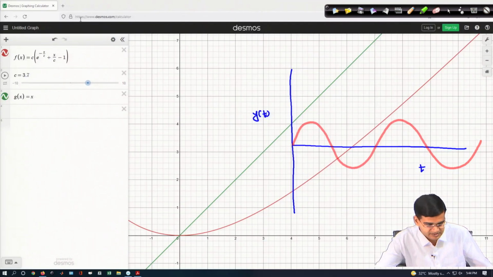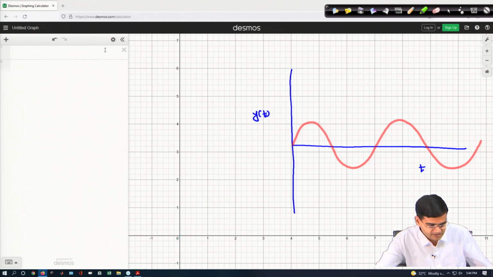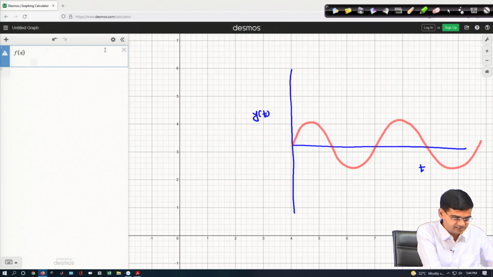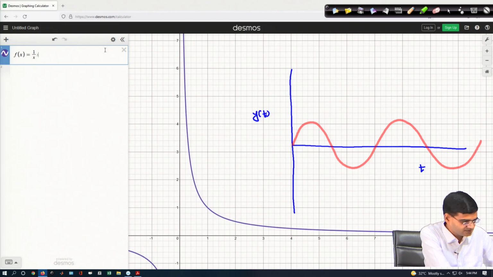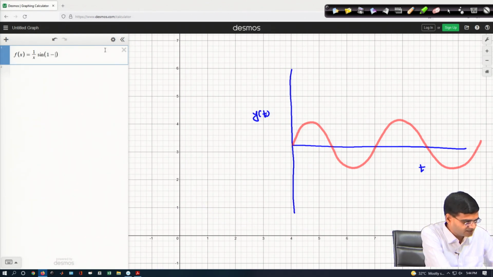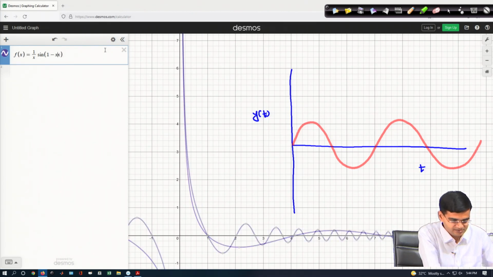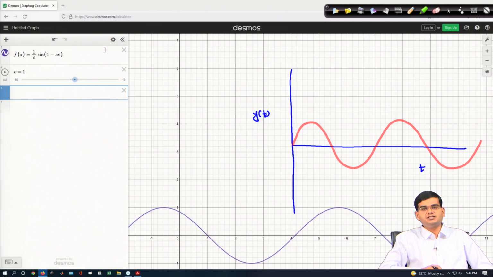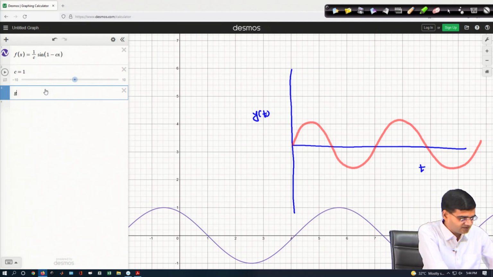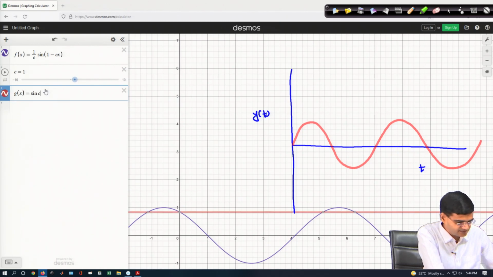You see here, my function is f of x is 1 over c, sine c x, and as I change omega, my ideal forcing function is sine c x.